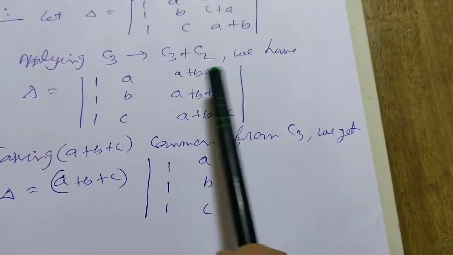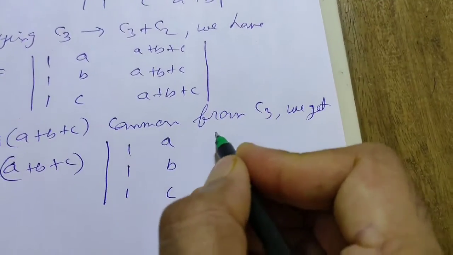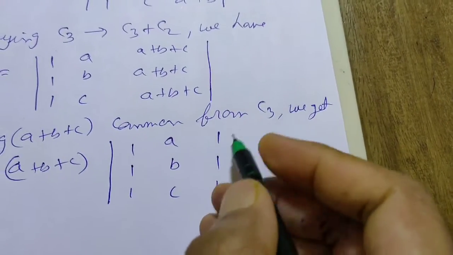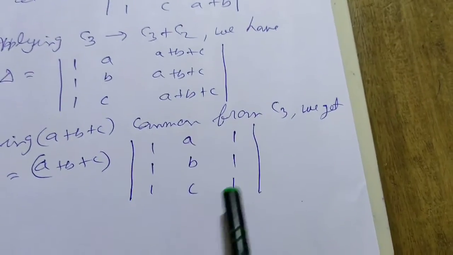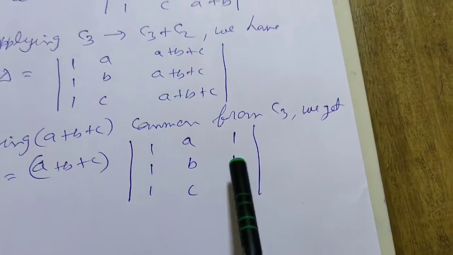In the first entry, only 1 will remain, and here also 1, here also 1. So all the 3 entries of column 3 will be 1, 1 and 1.